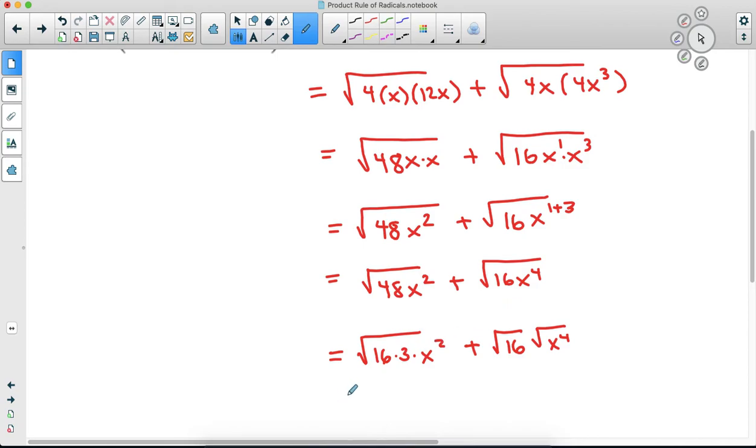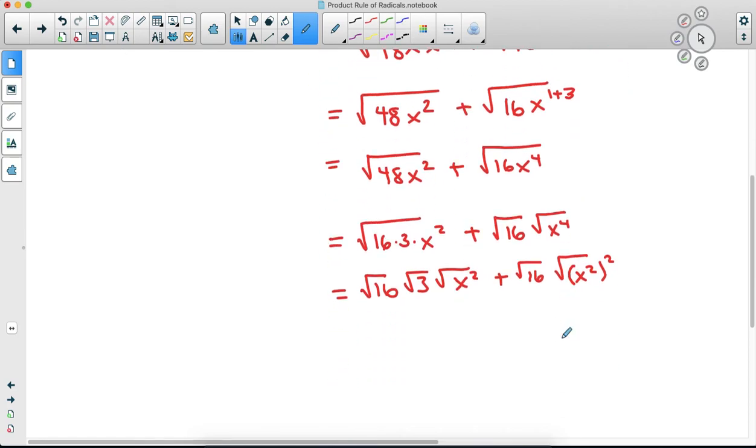Okay, now we have a product, so we're going to rewrite it as the product of radicals. So this is going to be the same as the square root of 16 times the square root of 3 times the square root of x squared, plus, in this case, we're going to leave it as the square root of 16 times the square root of x to the fourth. We can rewrite it as x squared quantity squared. Notice that the 2 times the 2 give you still the power of a 4.